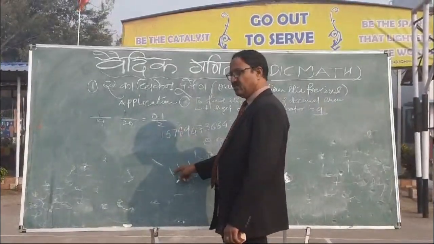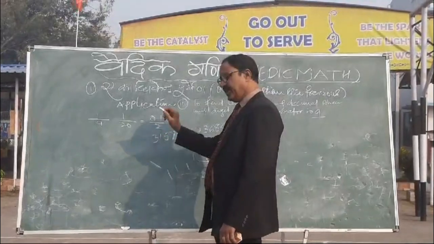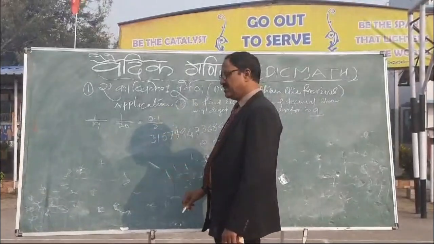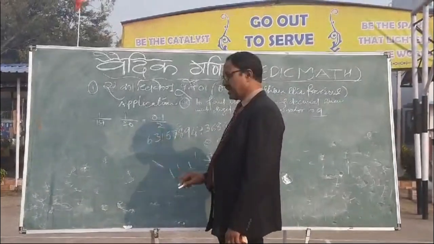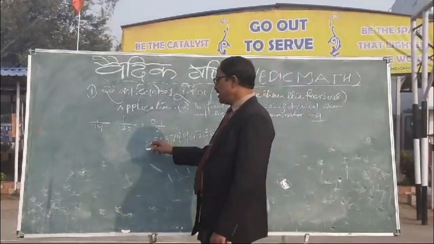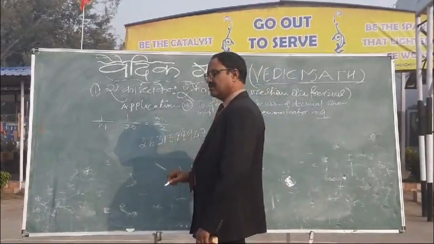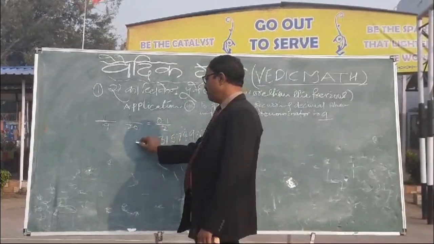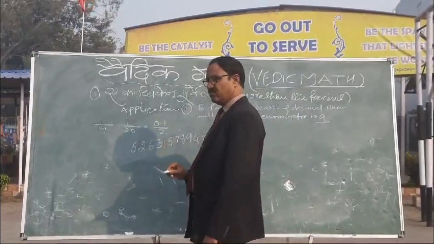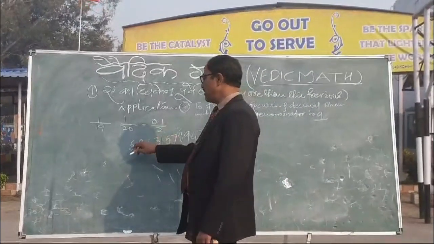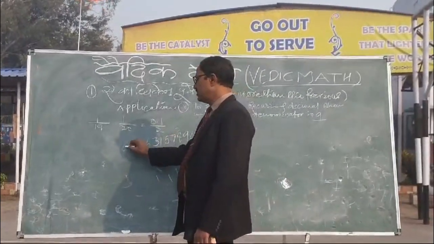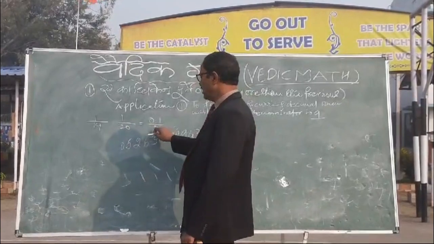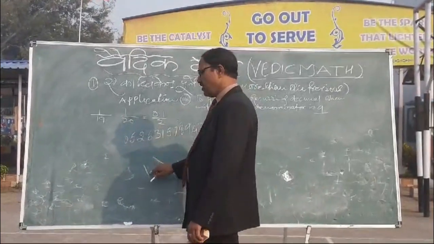And plus 1, 3. 2 multiplied by 3, 6. No carry. 2 multiplied by 6, 12. Carry 1. 2 multiplied by 2, 4, and 1, 5. No carry. 2 multiplied by 5, 10. Carry 1. 2 multiplied by 0, 0, and 1, 1.